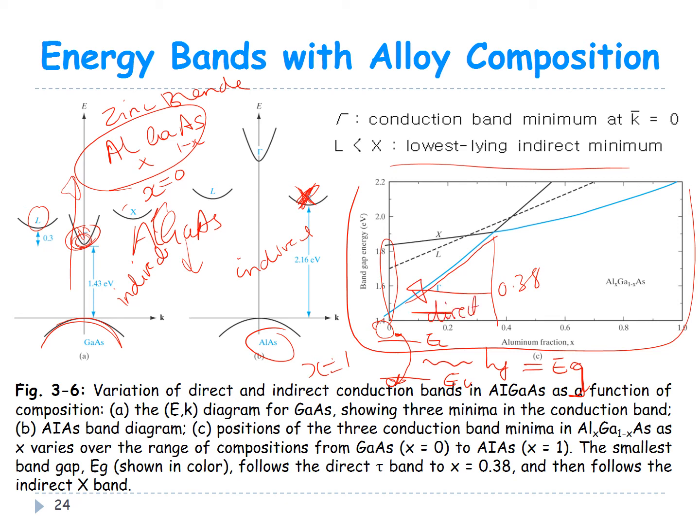Why? Because it is the conduction band minimum that is at the same K value as the valence band maximum that is the lowest among all the minima that you have. So it's direct.